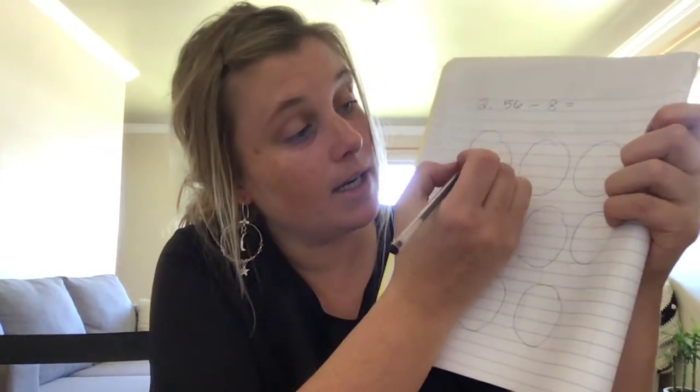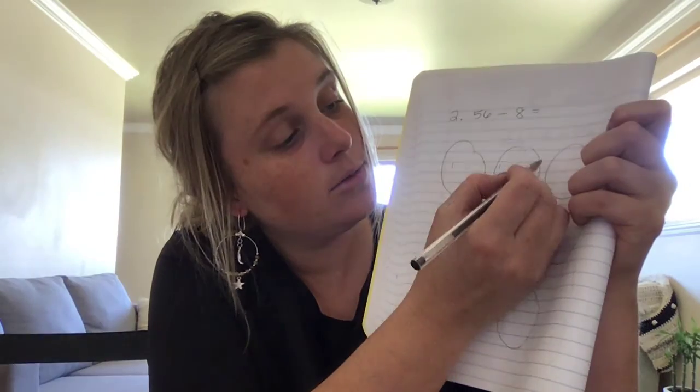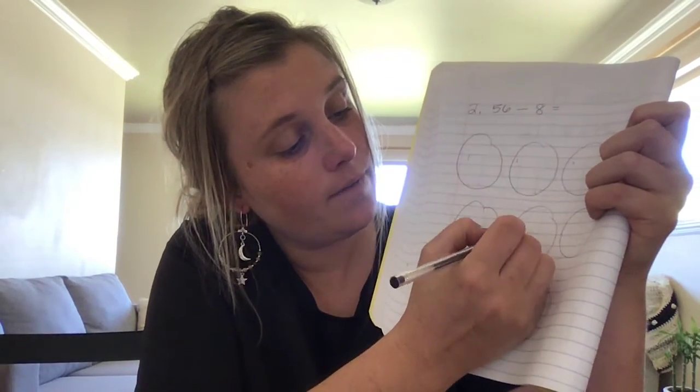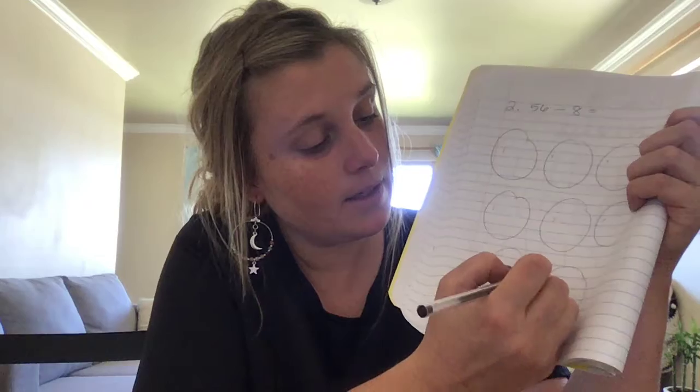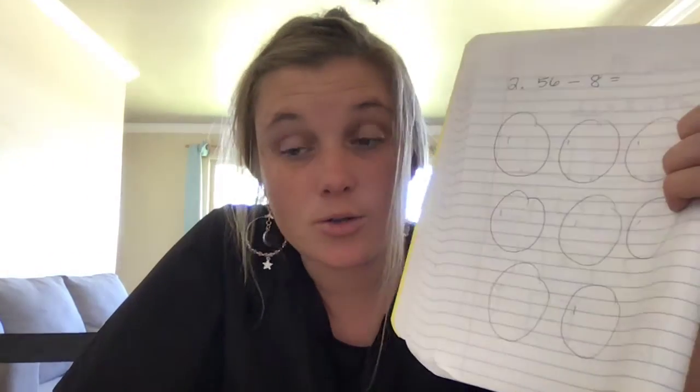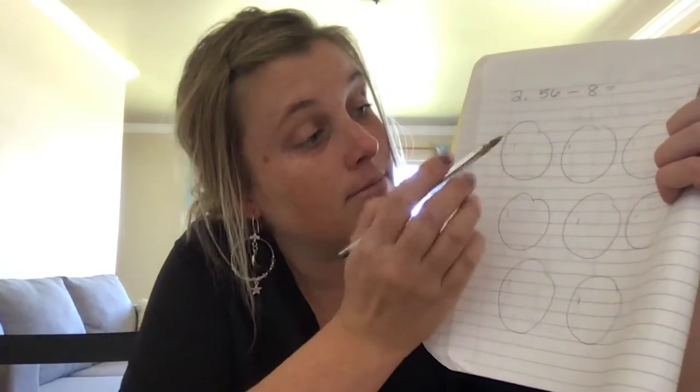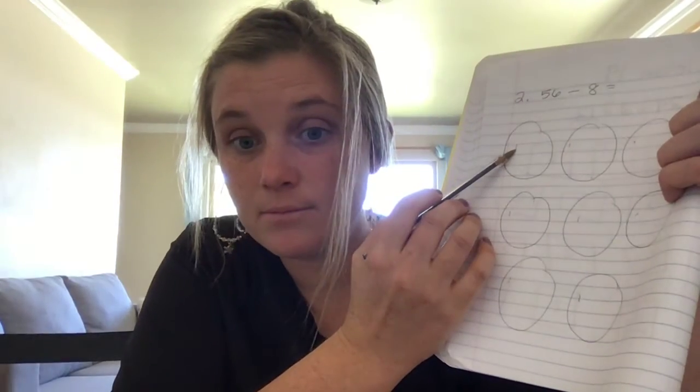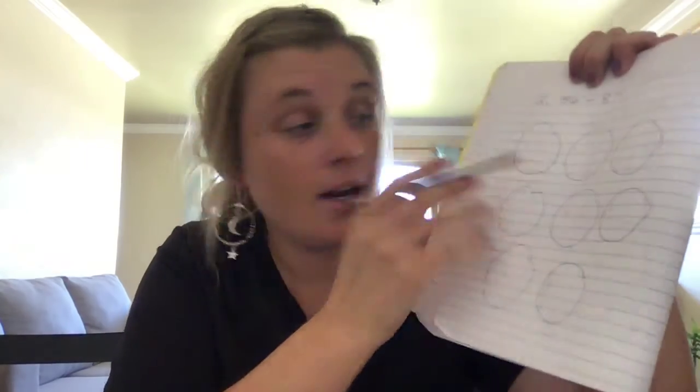Now he's got 56. Let's start putting trees in there. 1, 2, 3, 4, 5, 6, 7, 8. So far, each yard has how many trees? 1. Let's give each yard another tree.